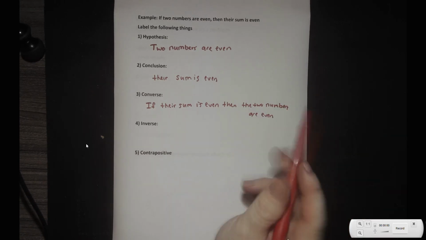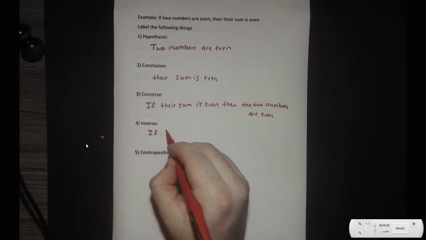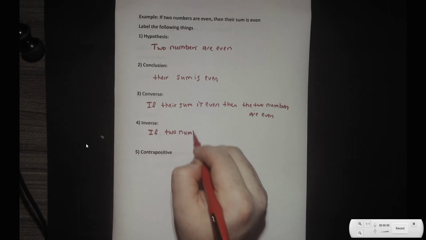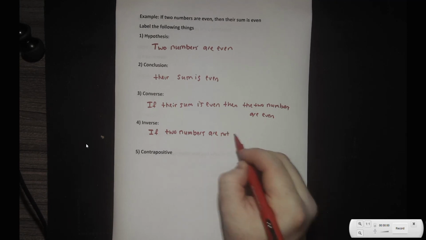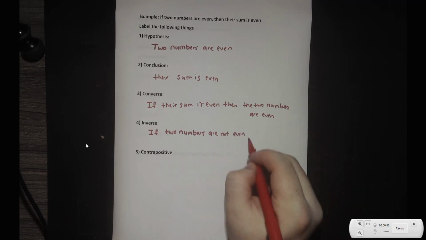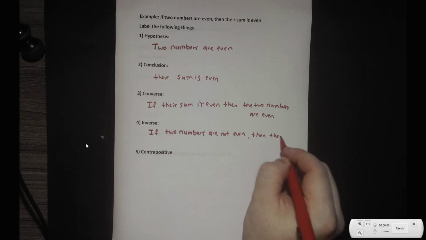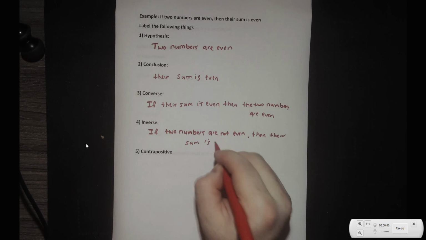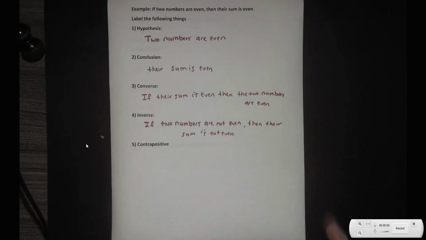Inverse would be just the opposite connotation. So if two numbers are not even, then their sum is not even. Okay?